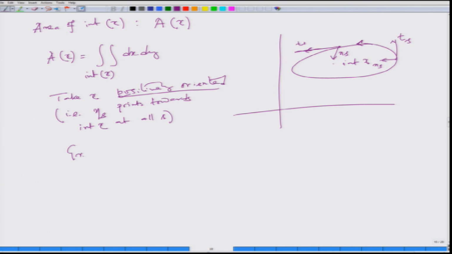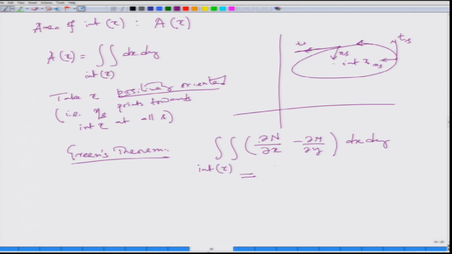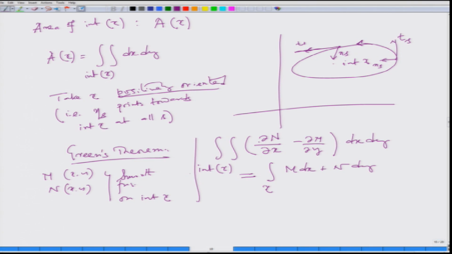Now, there is this theorem in calculus which says that if I have such a region and I have two smooth functions, M(x,y) and N(x,y), on the interior of gamma, then Green's theorem states that this relation holds.